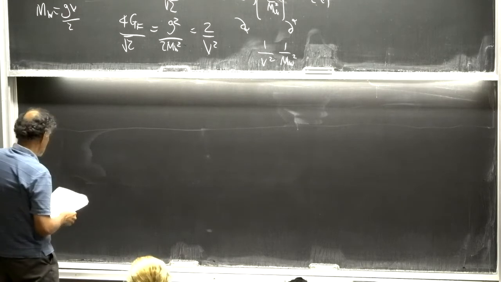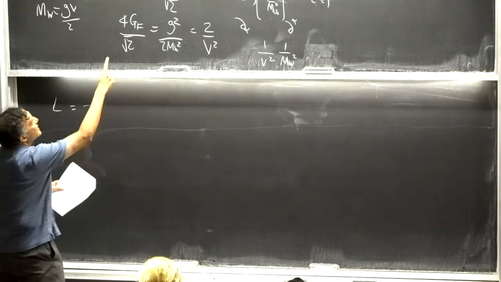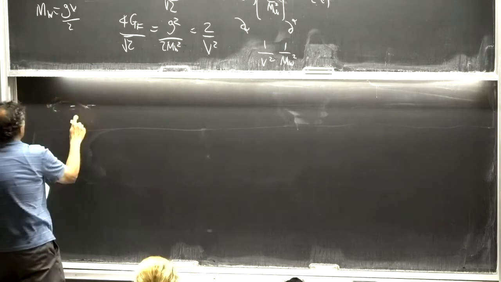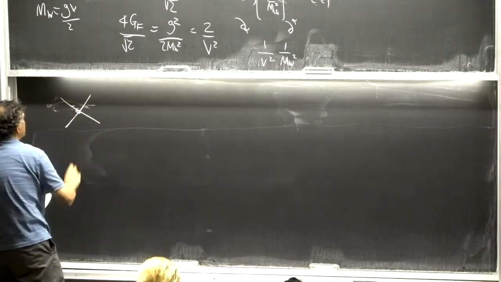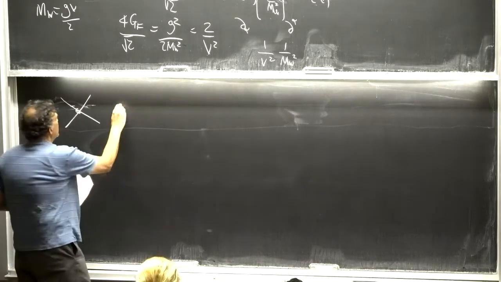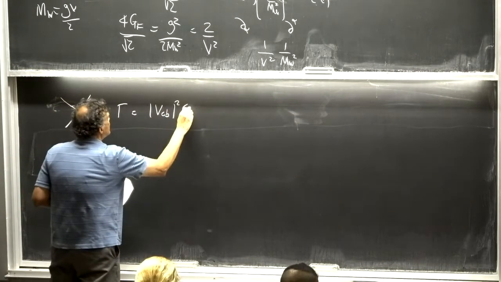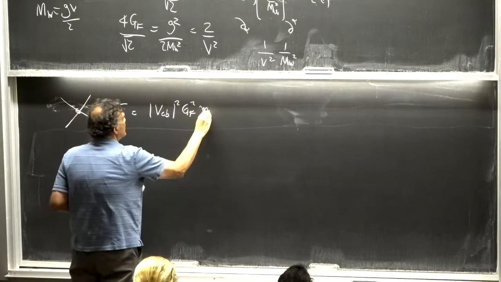OK, so if I start with this effective Lagrangian, let me not write it again. I can then go calculate B decay, which is going to be through a 4 fermion operator. And in this particular case, if you do the calculation, VCB squared, G Fermi squared.